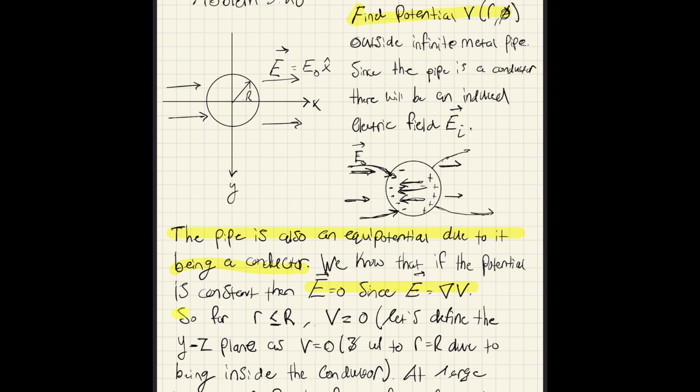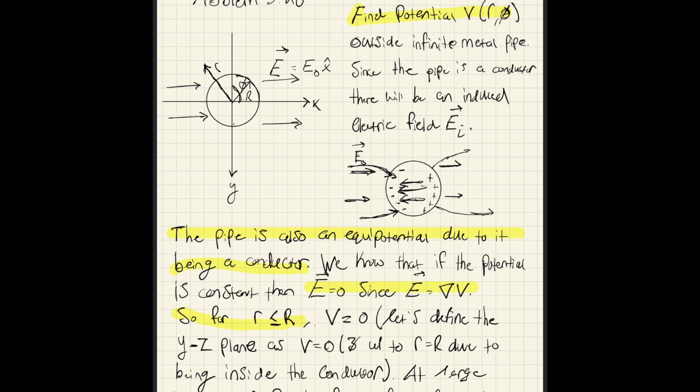And so that means for r, which we're going to use as the radial distance from the cylinder, so you can think of r as some distance away from the cylinder, and phi is going to be the traditional angle phi in terms of how we've drawn this diagram.